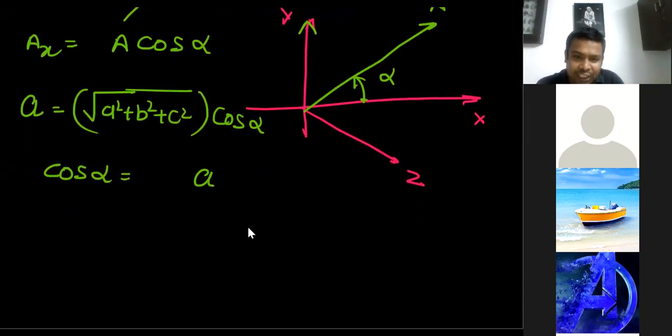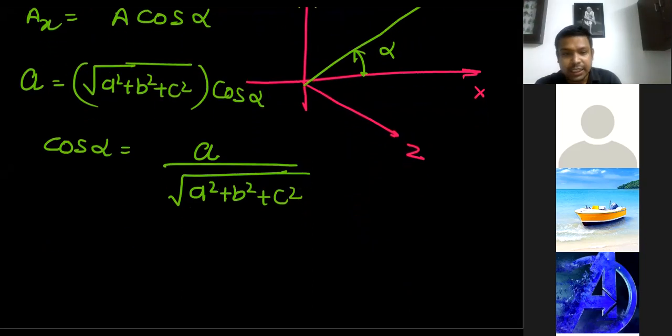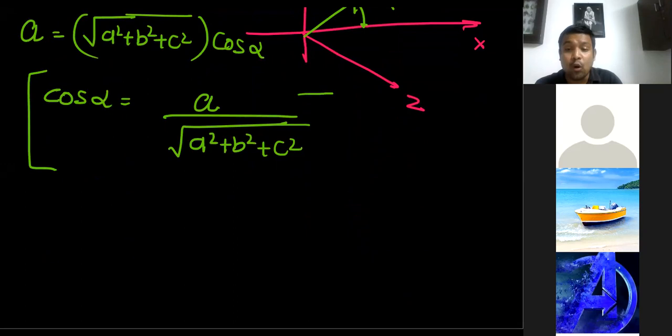It is the coefficient of I cap divided by the magnitude of vector A. Tell me, my dear friends, in this question, if you want to determine the angle made by any vector from x-axis, then we use the ratio of the coefficient of I cap and the magnitude of the given vector. Clear, my dear friends?